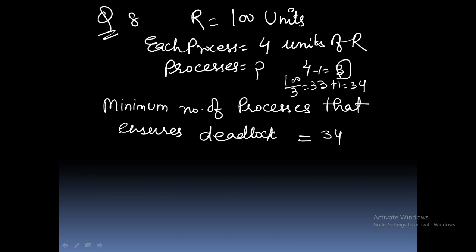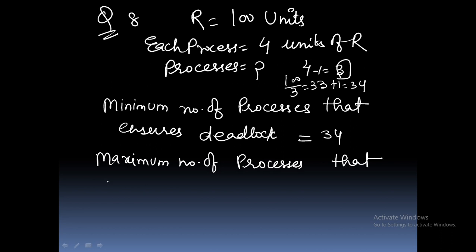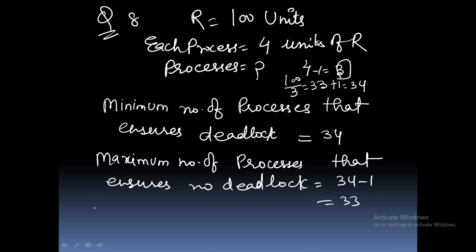You can say 34. And the maximum number of processes that ensures no deadlock is 34 minus 1, that is 33.